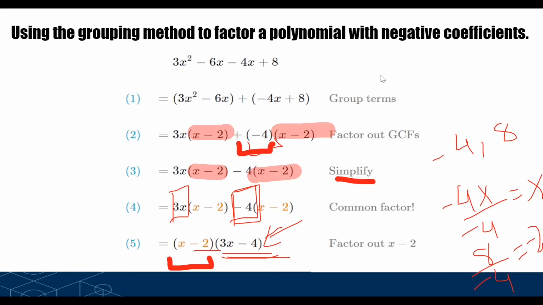In this one, the first one is also negative because you have a negative coefficient in here. This polynomial expression actually had negative coefficients in multiple places, one in here and one in here. So yeah.